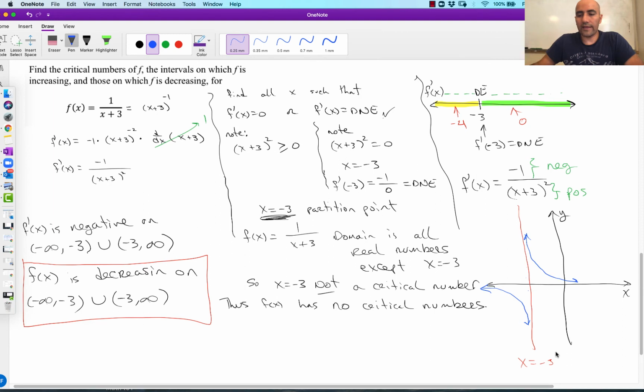Vertical asymptote at -3. And we see that if we think about the tangent lines, the slopes are always going to be negative, right? If you think about a tiny little stick man walking on this graph, from left to right, the way we read, he's always going downhill. The slopes of the tangent lines are always negative.